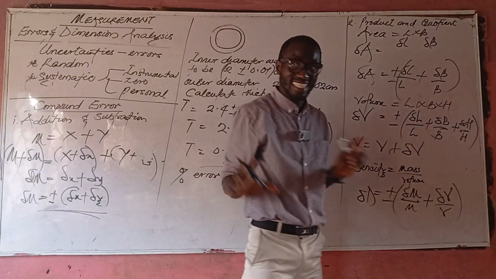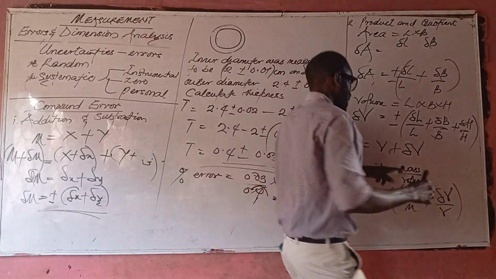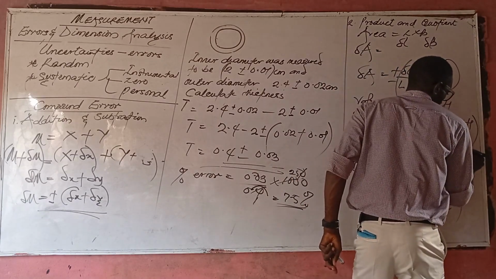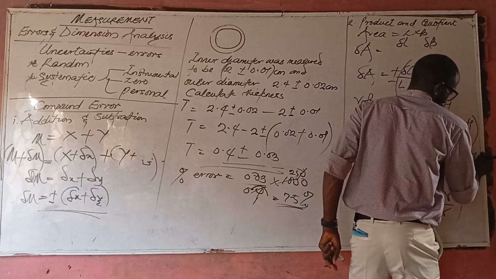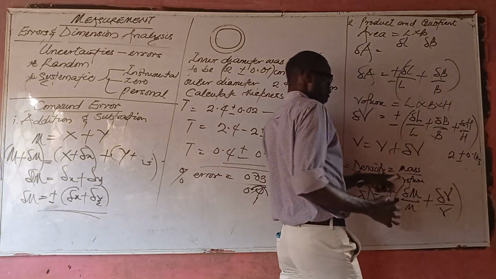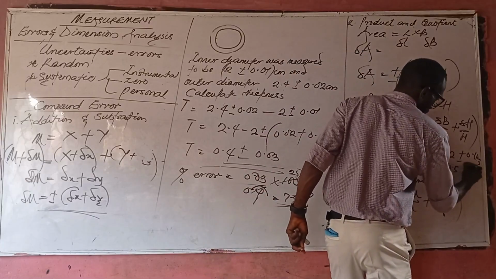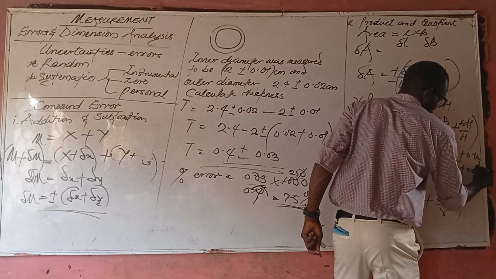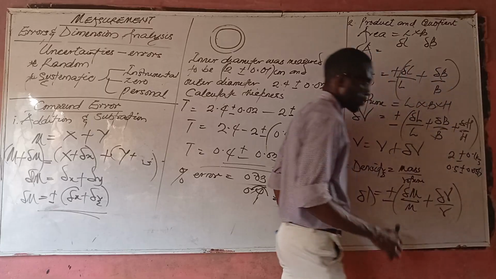Listen now, if you are given mass of 2 plus or minus 0.1 kg, and you are given volume of 0.5 plus or minus 0.05, for example.